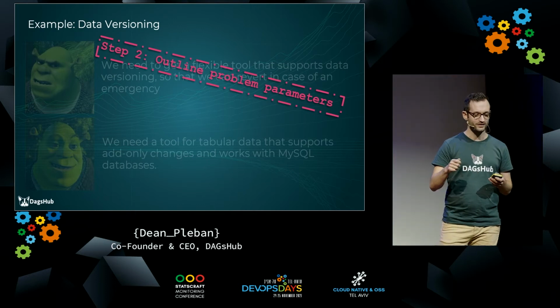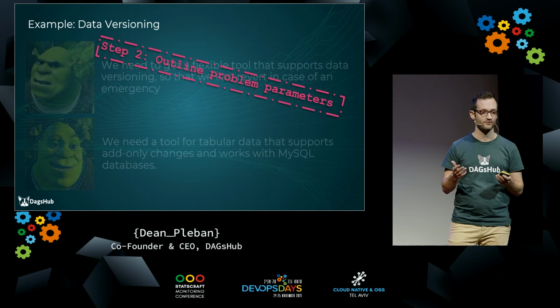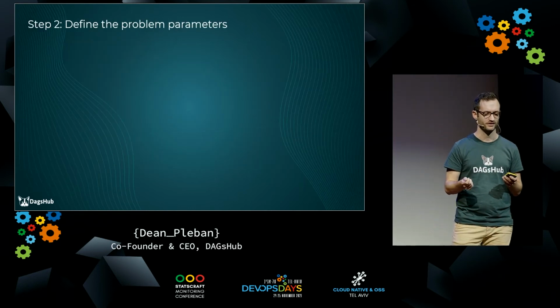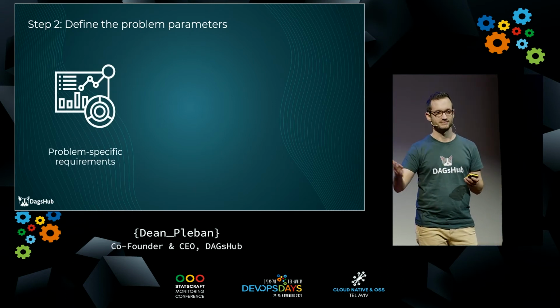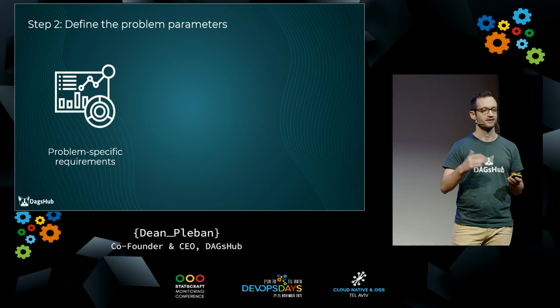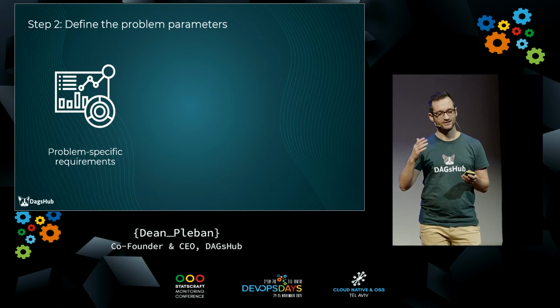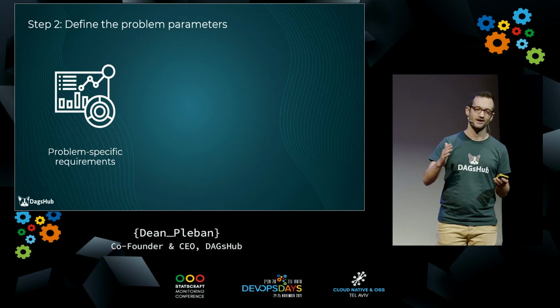And what this means in practice is basically asking yourselves a bunch of questions. Some of these questions are going to be problem specific. So in the case of data versioning, you're going to ask, is my data images and I'm working on computer vision? Maybe it's tabular. Is it changing over time? Is it add only?